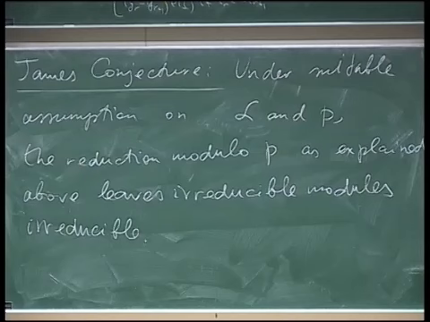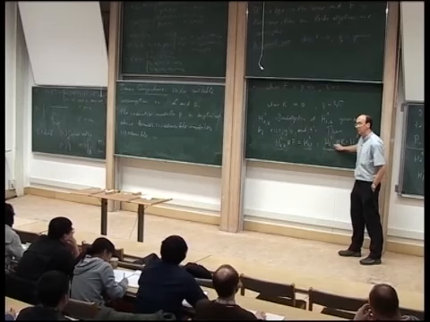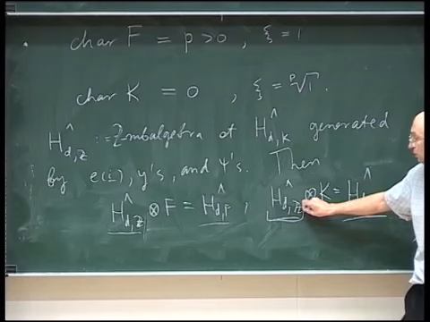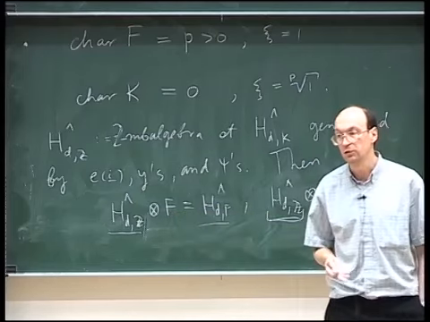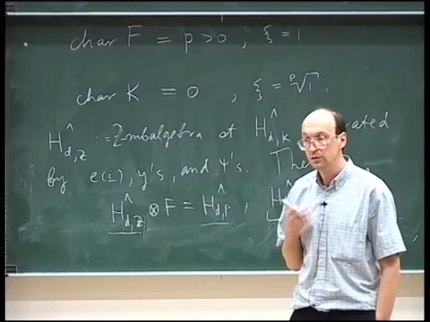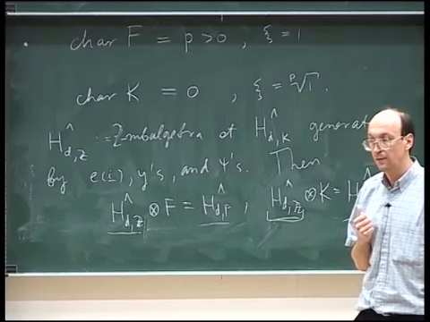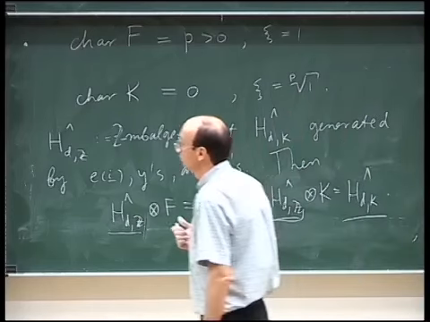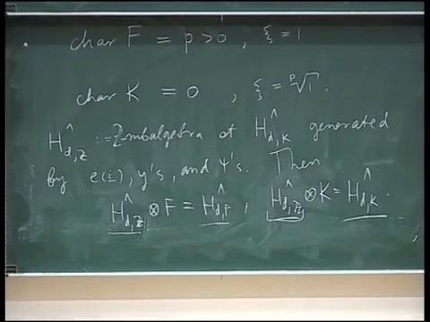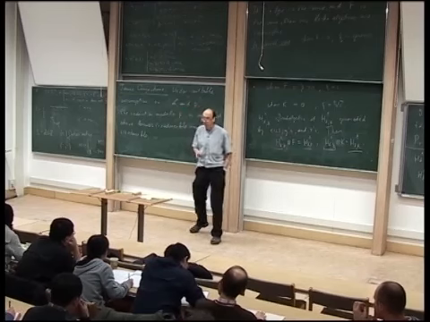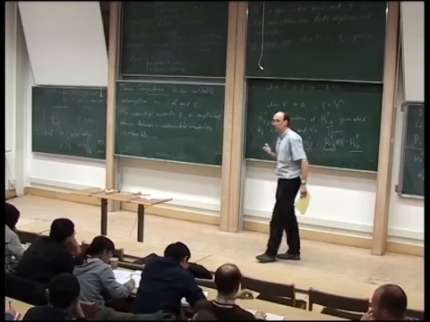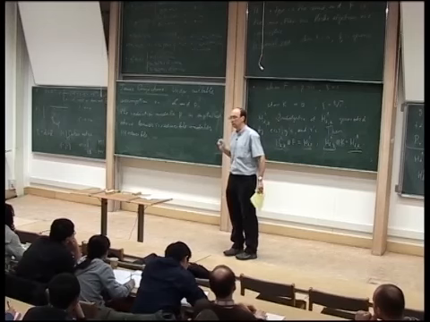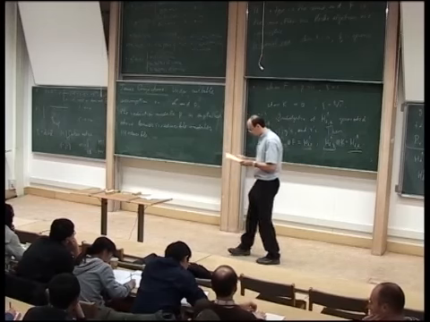You start with a module over this algebra. You choose a lattice over this, an arbitrary lattice, and you just extend scalars to F. You've got a module over this algebra. You have to show that if you started with an irreducible module, it's still irreducible in the James region. James region, roughly speaking, means that P is not too small with respect to this block. And I will tell you the precise condition. And as Meinhof already pointed out, outside of the James region, it's definitely false.